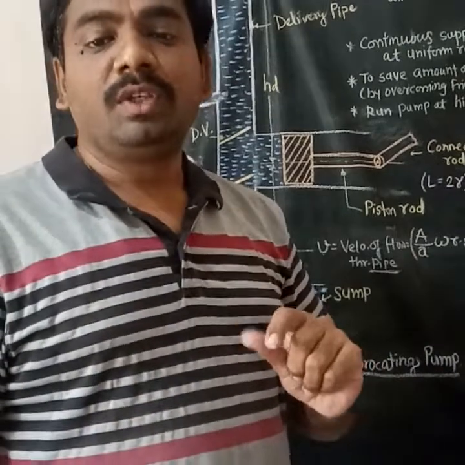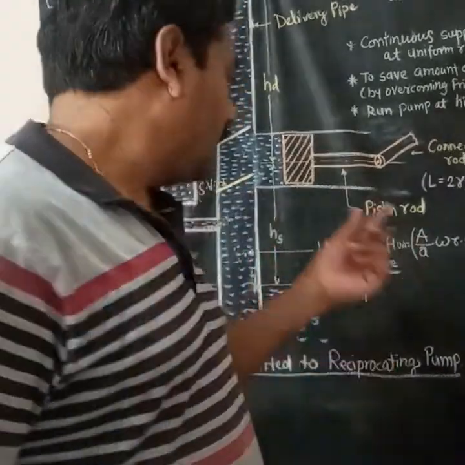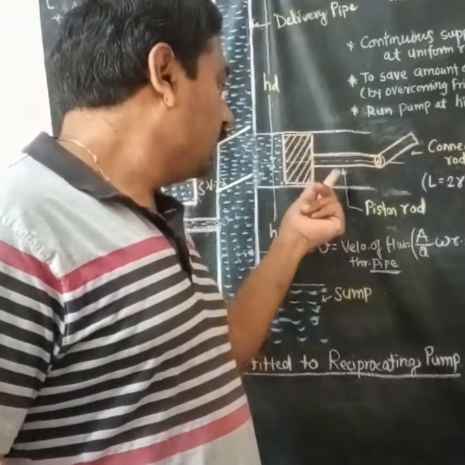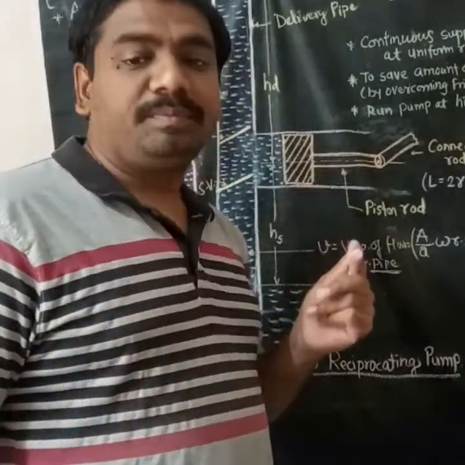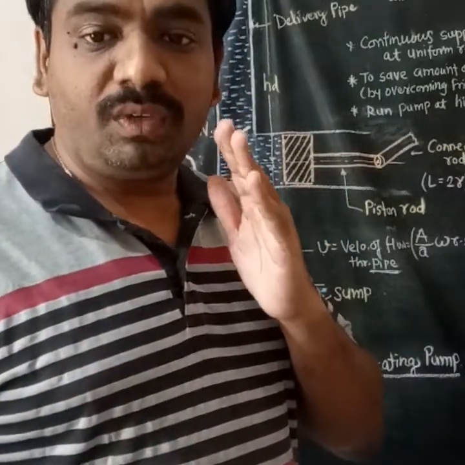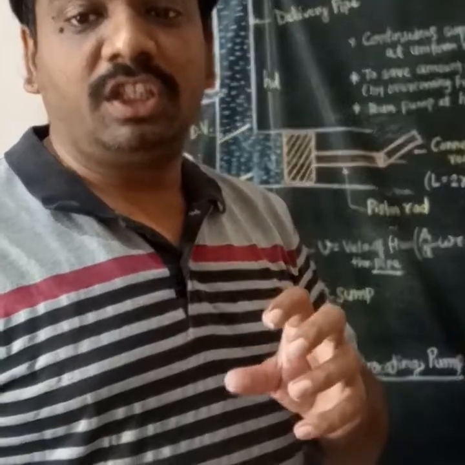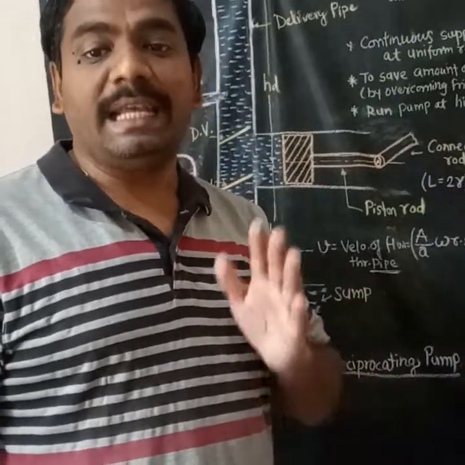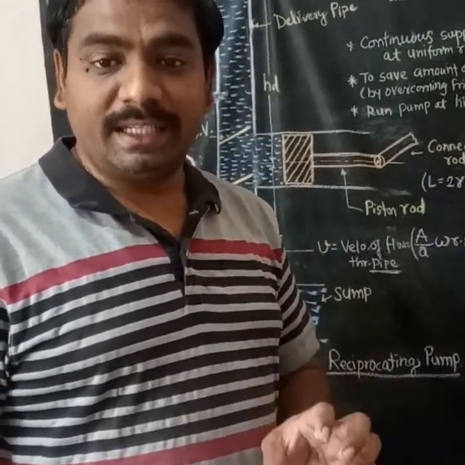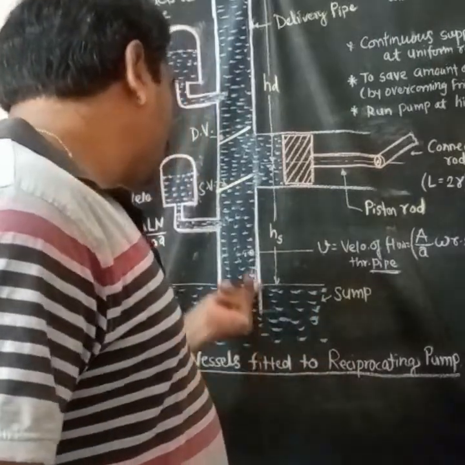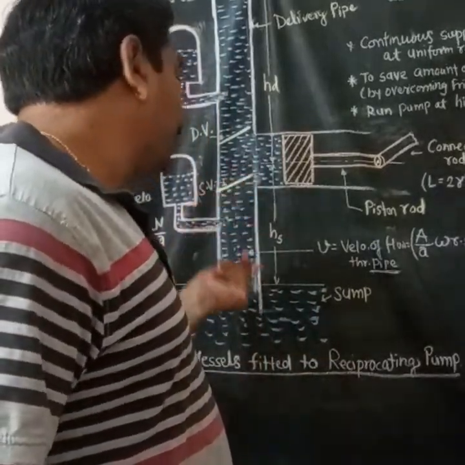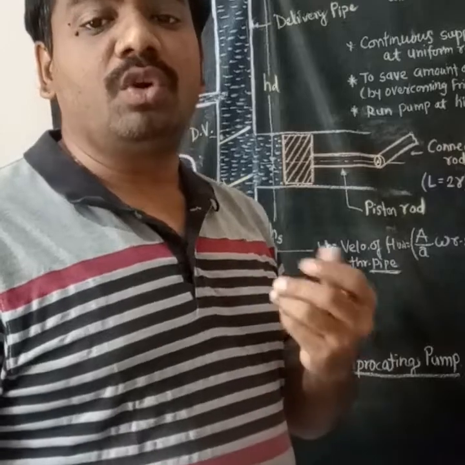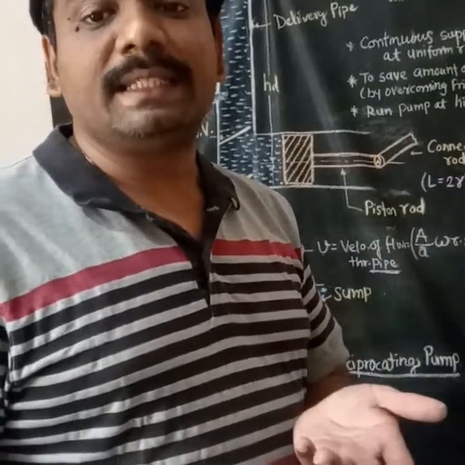So at the retardation, the discharge required in the cylinder is less, and that's why whatever fluid is flowing through this pipe will have more discharge than required, even though its velocity is less than the mean velocity.